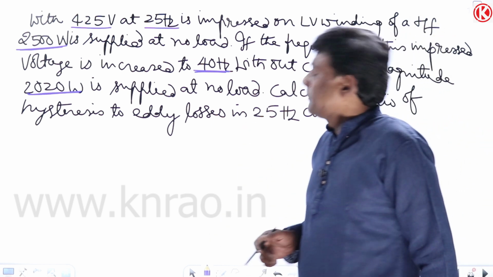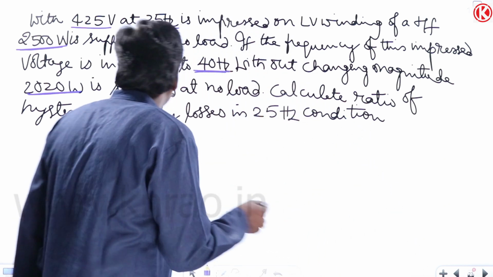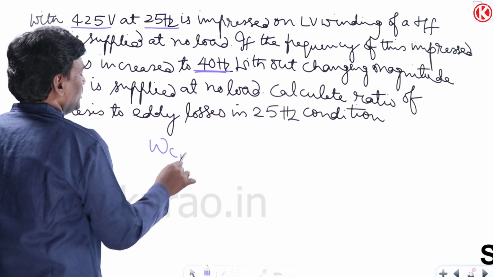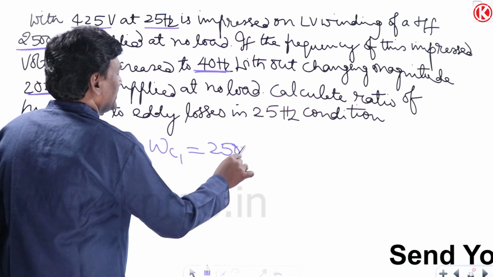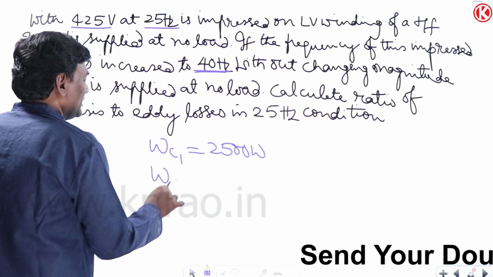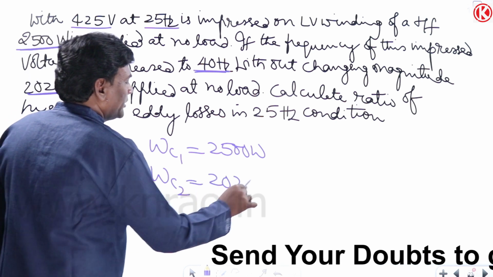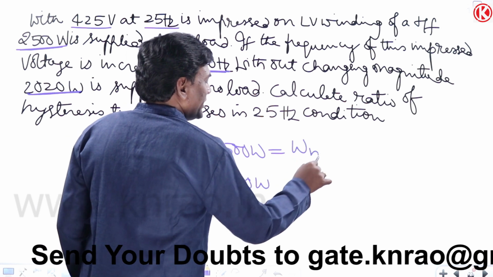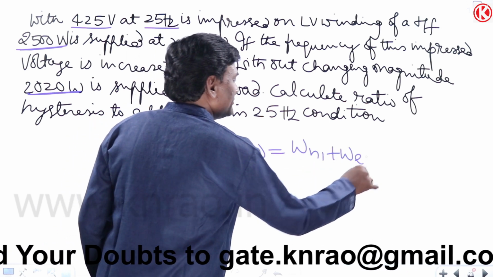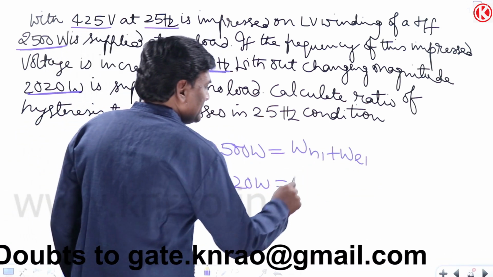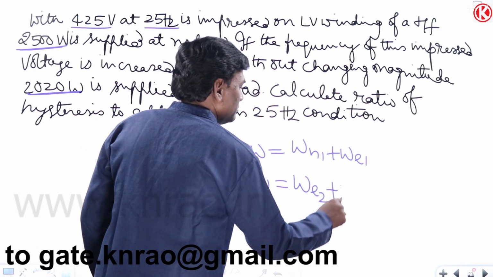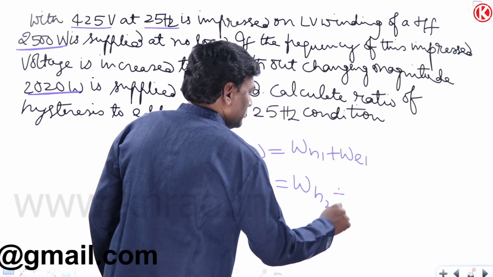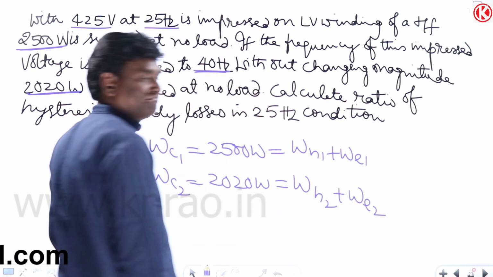Okay, good question. Now see here, let us think of total core loss in the first case. Total core loss in the first case is 2500 watt. Total core loss in the second case is 20 watt. In the first case, let me consider this as WH1 plus WE1. In the second case, it is WH2 plus WE2.